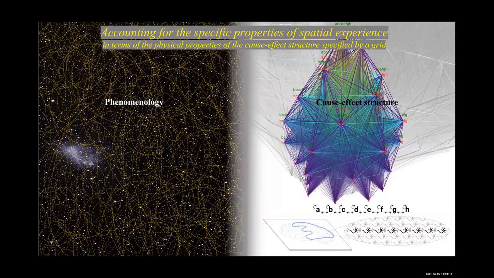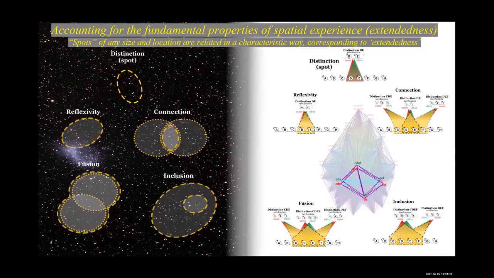We conjecture the right substrate is a grid. Here you see a 2D or a 1D grid of, say, neurons connected by lateral connections. And then we unfold that cause-effect structure, and we should be able to account for the property of spatial extendedness. No further ingredients added, just the postulates of IIT.